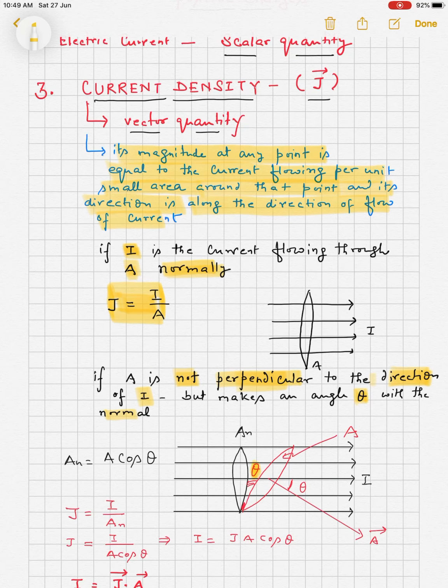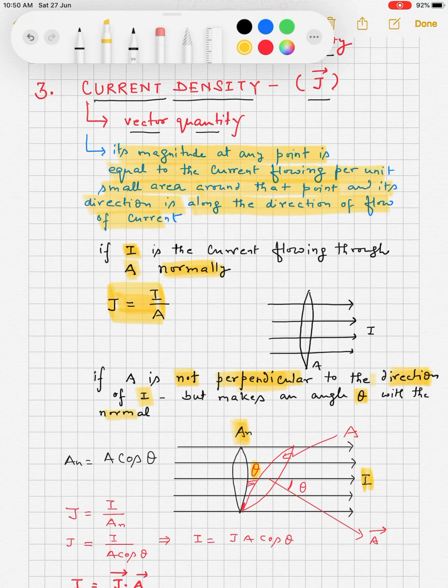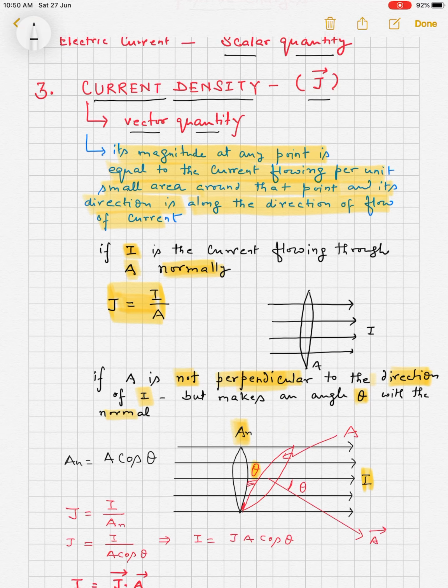Suppose AN is the area which is normal to the electric current. So the component of A perpendicular to I is AN. So AN is equal to A cos theta.